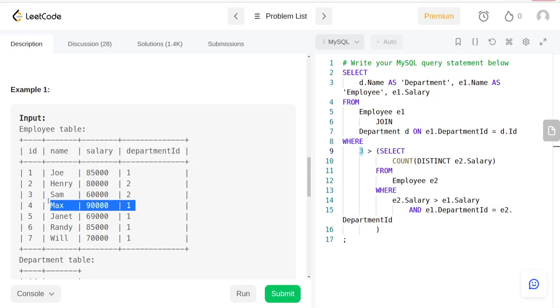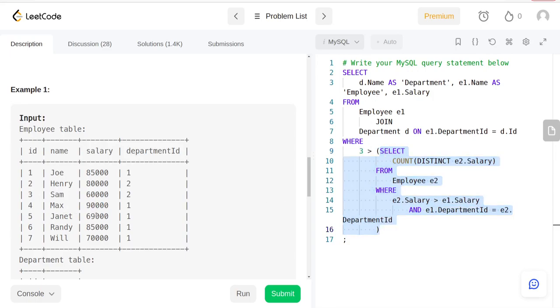So let's come here. For this entry I'm going to be looking for all the people in department 1. How many people have more salary than this entry, this 9,000, in department 1? No one. So the answer of this query is going to be 0. So 3 is greater than 0, so that's going to make it.